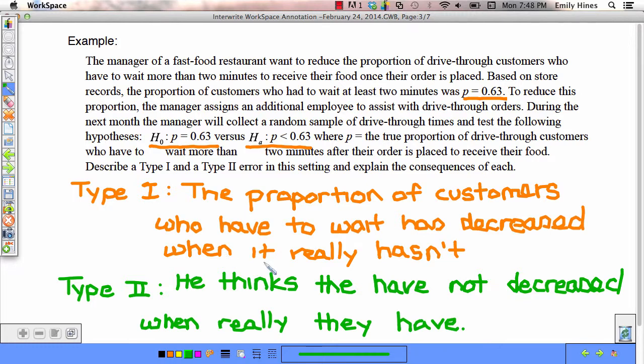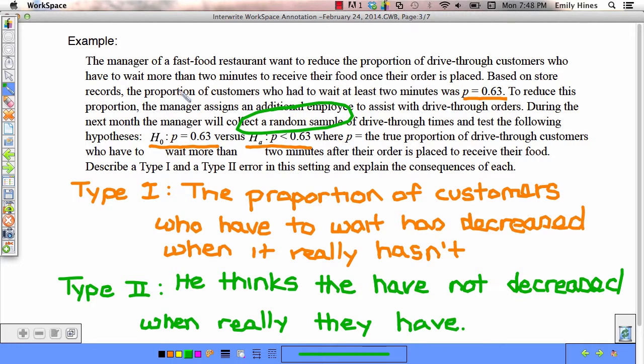Okay, you may be thinking, well, what does this even have to do with anything? Wouldn't he look at his results and know whether or not the times would decrease? So why is he having to guess, and why wouldn't he have these errors? Remember, he is only working with a random sample. So depending on the data he gets from his sample, it's not going to be from every drive-through customer that comes through.